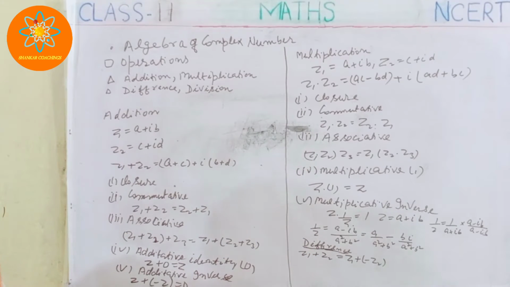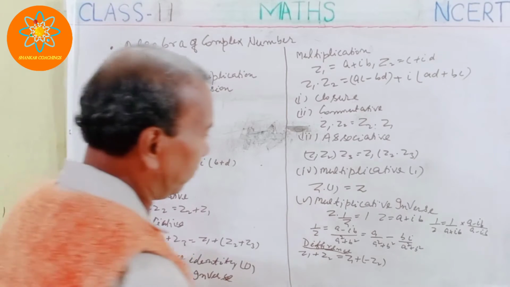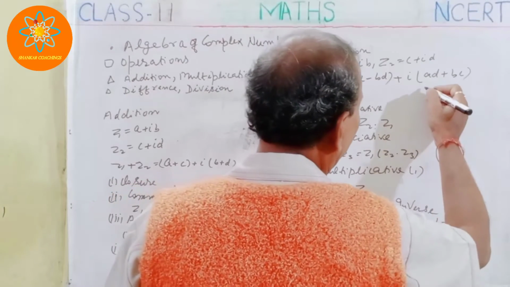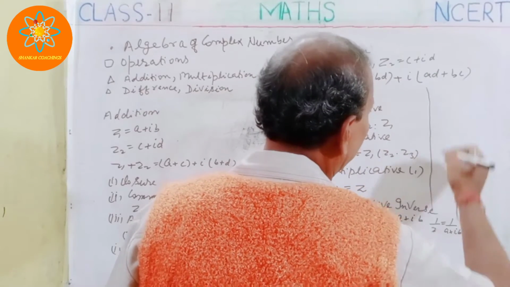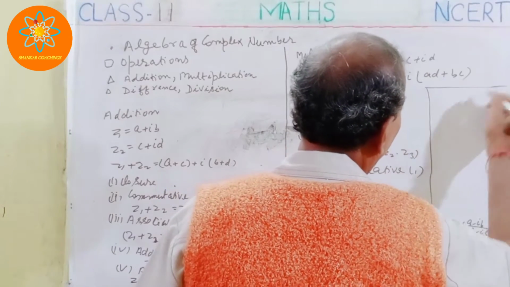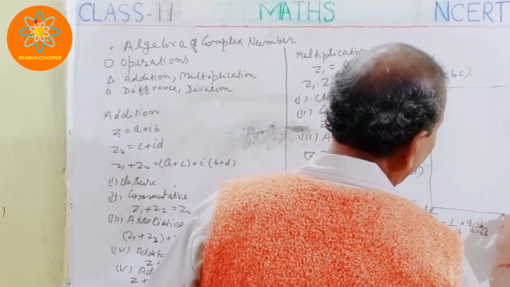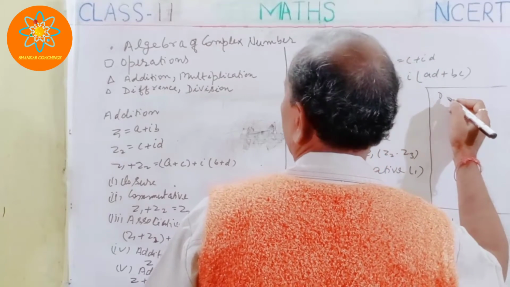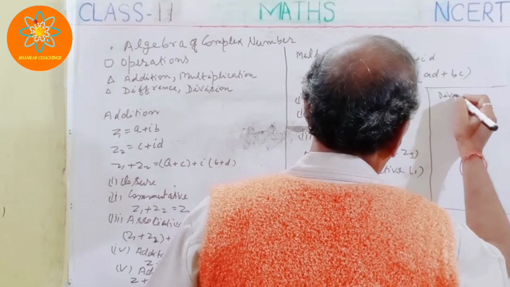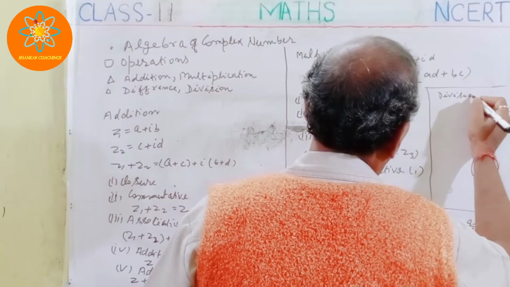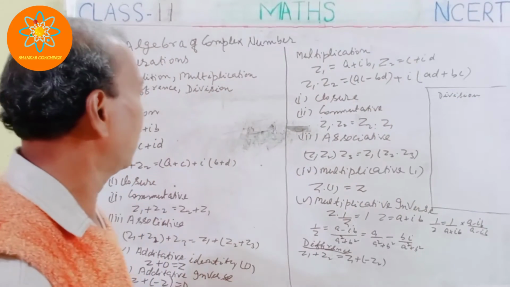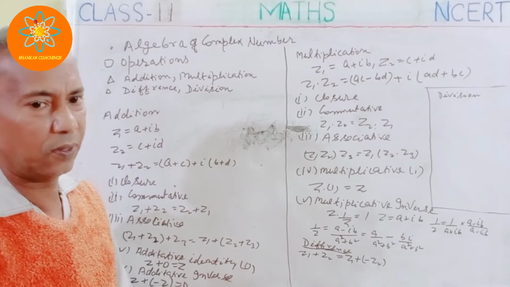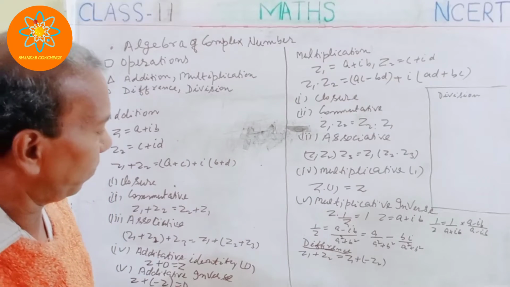Now the last one is division. Let's suppose I have two complex numbers z1 and z2.